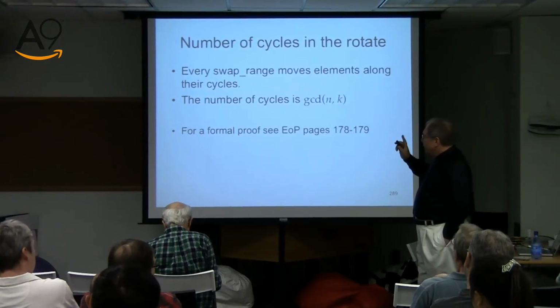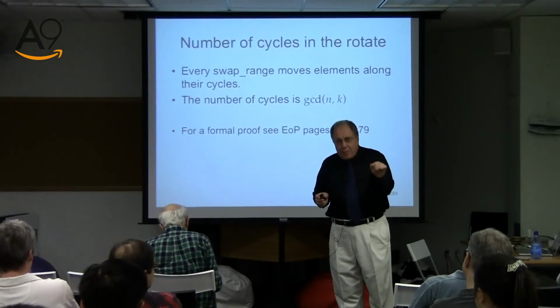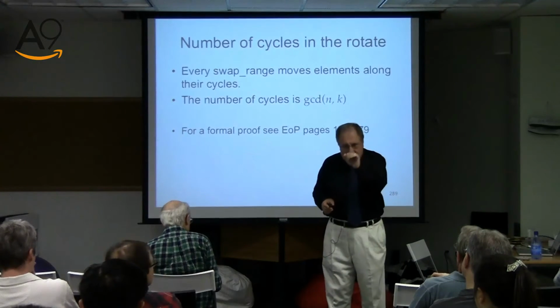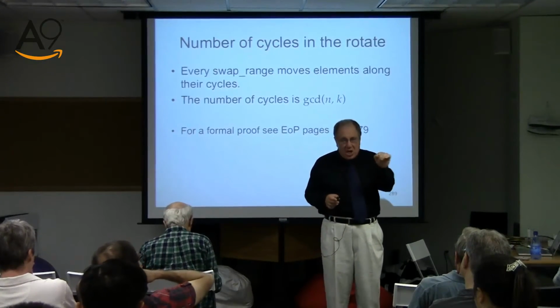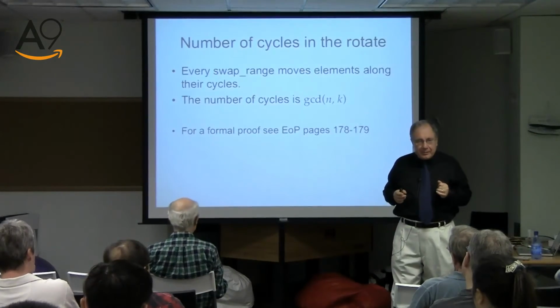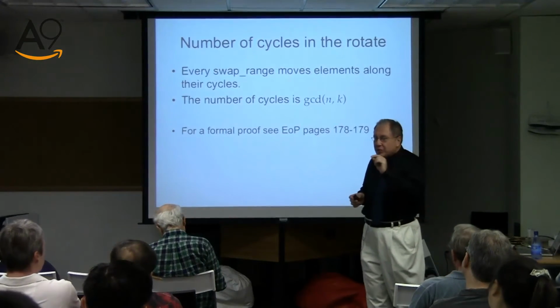Now, we learned another thing, that when we move things, we move them along the cycles. Every swap works among the cycles. So we never change the number of cycles. So what is the number of cycles? The number of cycles is literally how many things in the final swap ranges are left, which is GCD. And why is it important? Because now we know that this algorithm is not optimal.